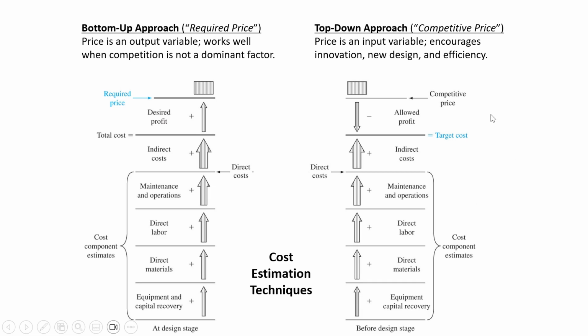And so the cost and the price of an item is kind of the starting point, and then you're working down. So top down indicates that you're starting with the selling price and figuring out how to allocate it towards different categories, whereas the bottom up approach, the price is the end of the calculations.